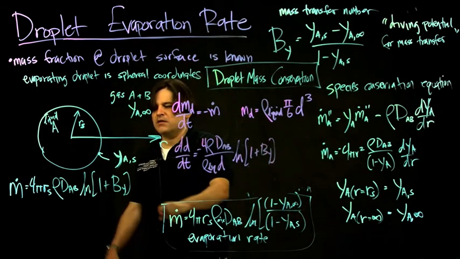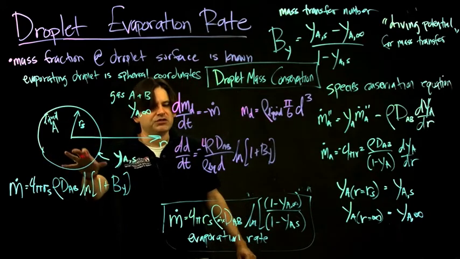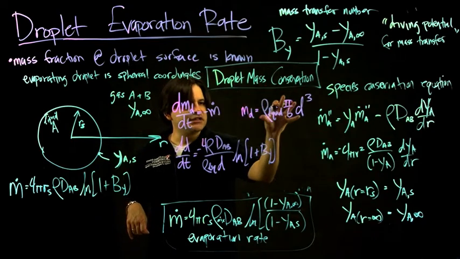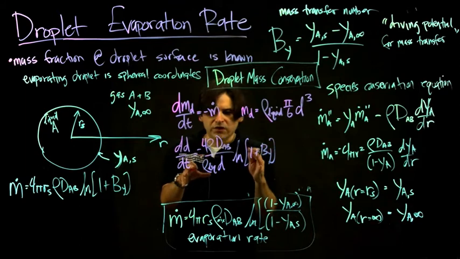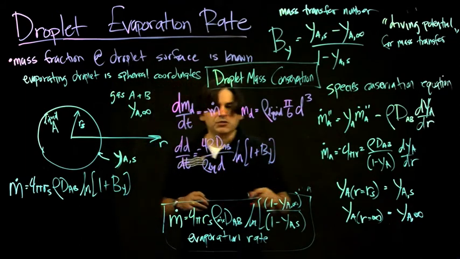So we combine this expression we found for the evaporation rate based on the species conservation. Then we express the mass depletion in terms of the density and volume. Combining those, you get another differential equation. This is also differentiable.